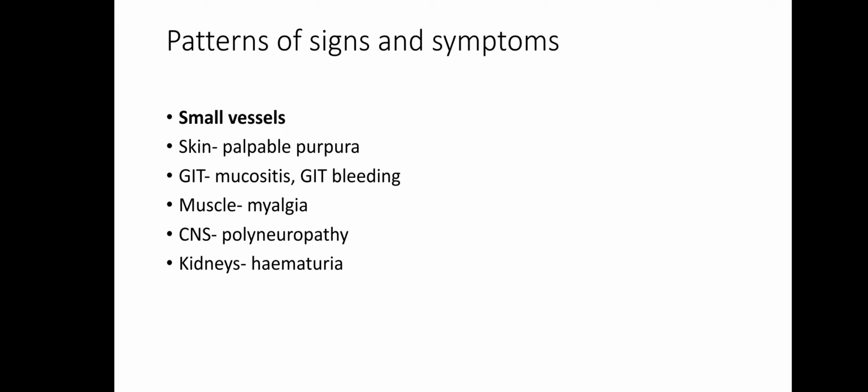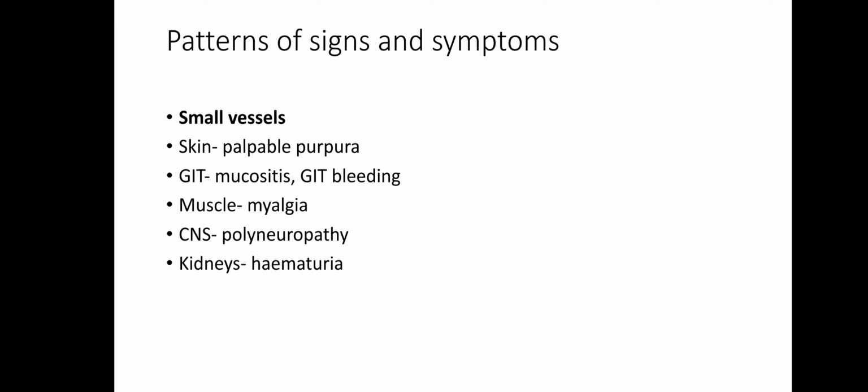Vasculitis, as I said, can affect all parts of the body, but the main systems that any vasculitis will affect is skin, GIT, muscle, the CNS, and the kidneys. And the manifestations vary depending on the size of the blood vessels, but it's not written in stone. Sometimes small vessel vasculitis can present with symptoms that a large vessel vasculitis might have.